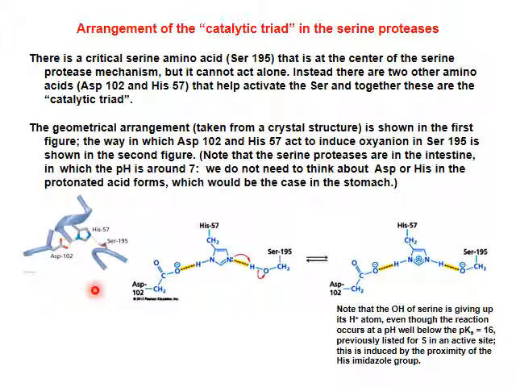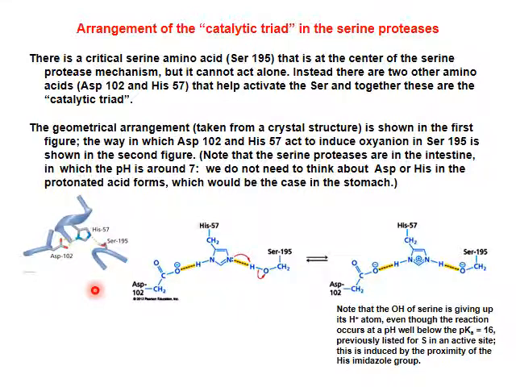I don't care about the number, that's just the residue number for that particular enzyme, but you should know what the catalytic triad is: aspartic acid, histidine, and serine. And we're going to go into the role of each residue in the catalytic mechanism.